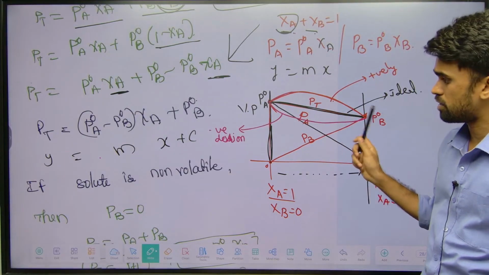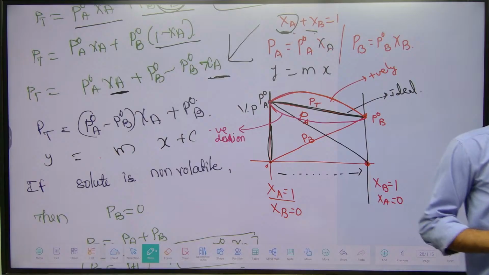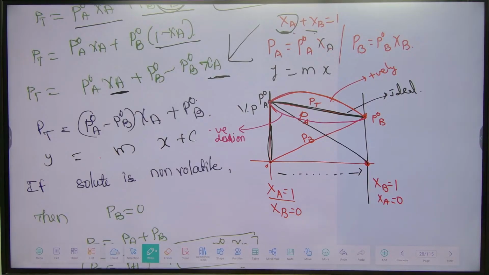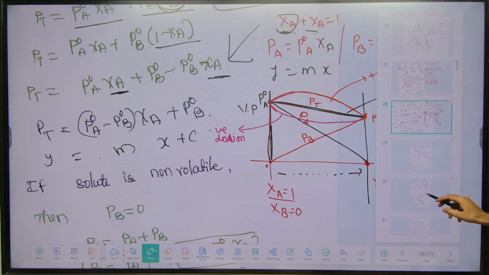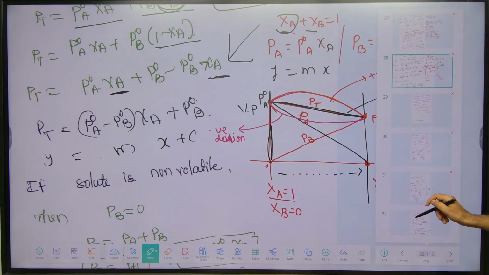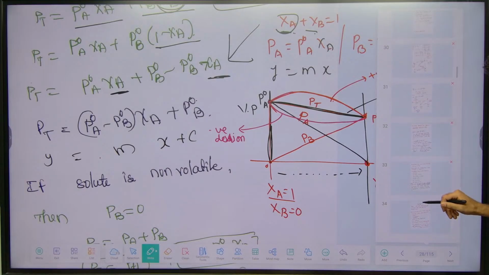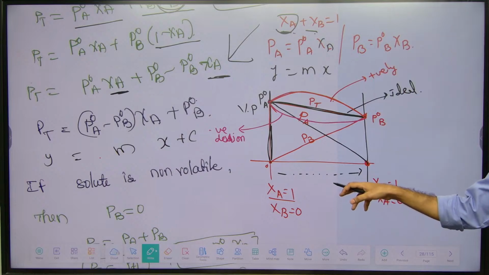Just draw the graph. Done up to here everyone? This graph itself, the last graph.